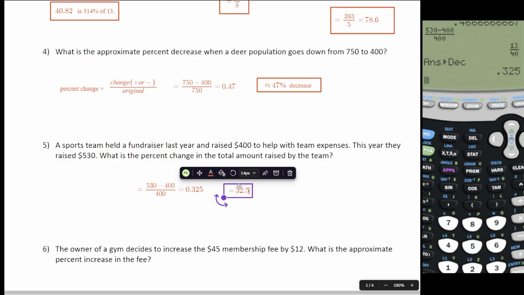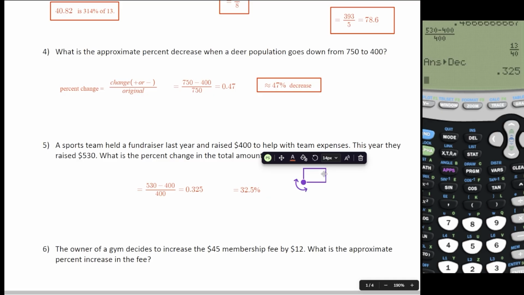Remember that a percent is just a number out of 100. So if you're ever not sure what the percent means, 32.5% really just means 32.5 out of 100. And so if you do this little division, you should get the same number as we got initially, which is 0.325.